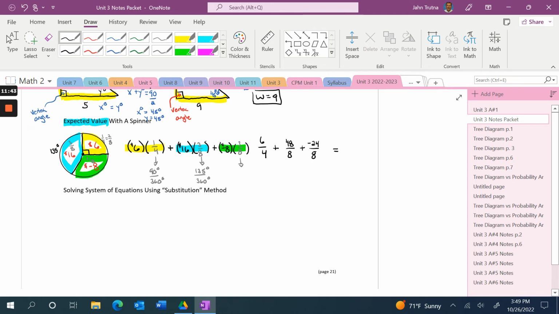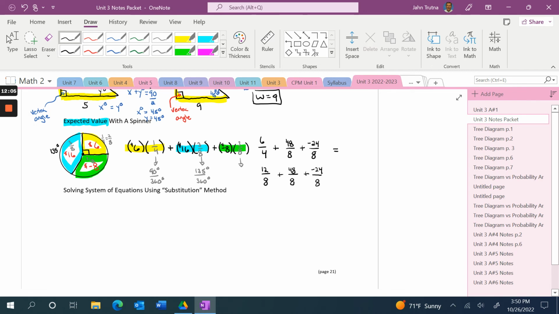Okay. To add these up, I have to have a common denominator. The common denominator of the fractions is going to be 8. And that's pretty nice because two of the fractions already have 8 in the denominator. The -24 over 8 and the 48/8 do. But then the 6 over 4 would change to 12 over 8.